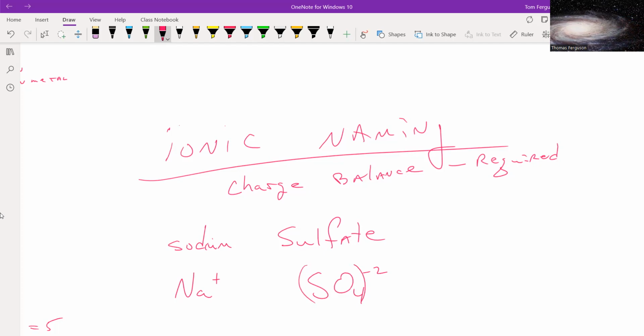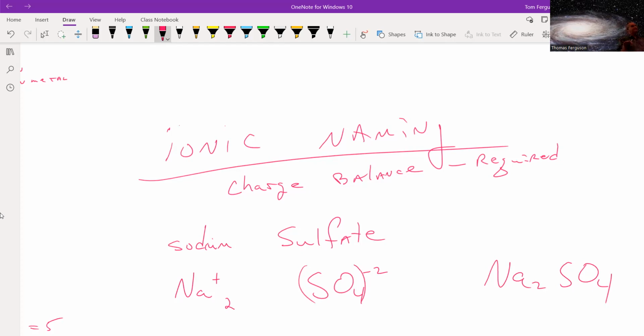Okay. All right. So we have one positive and two negatives. What's wrong with that? How many positives do we need? Two. So the formula for sodium sulfate is Na2SO4. Now there's a mandate here. It's required to have the positives and negatives be equal, so the net charge is 0.